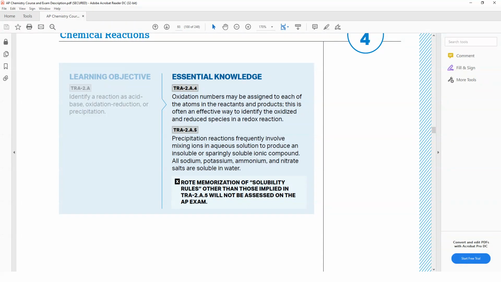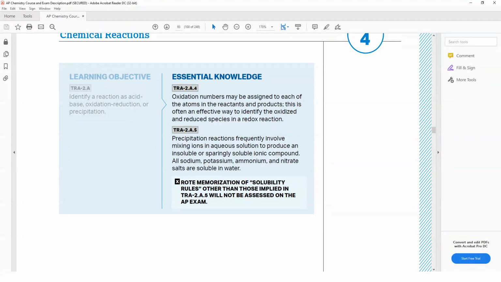Then it says all sodium, potassium, ammonium, and nitrate salts are soluble in water. Those are the only 4 components of solubility rules that you are required to know. That's it. 4. Those are easy ones too, right? Sodium, potassium, ammonium, and nitrate.